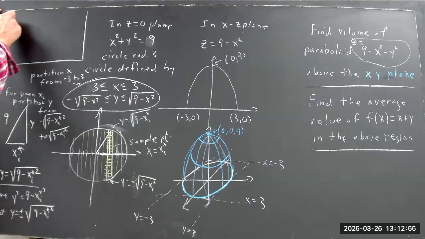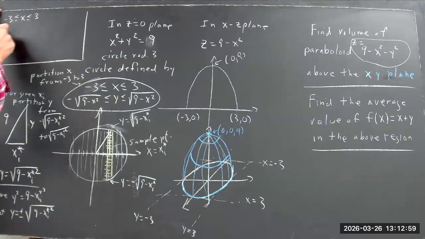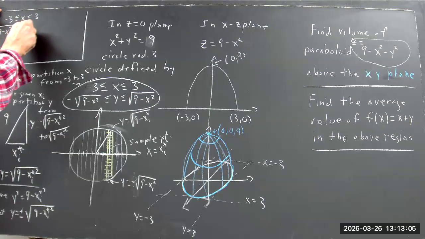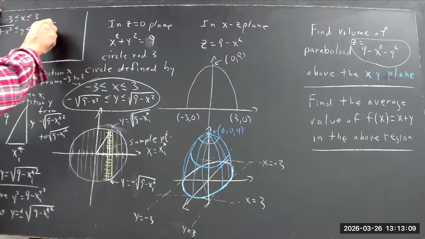What we have then is -3 less than or equal to x less than or equal to 3, and negative square root of 9 minus x squared less than or equal to y less than or equal to square root of 9 minus x squared.